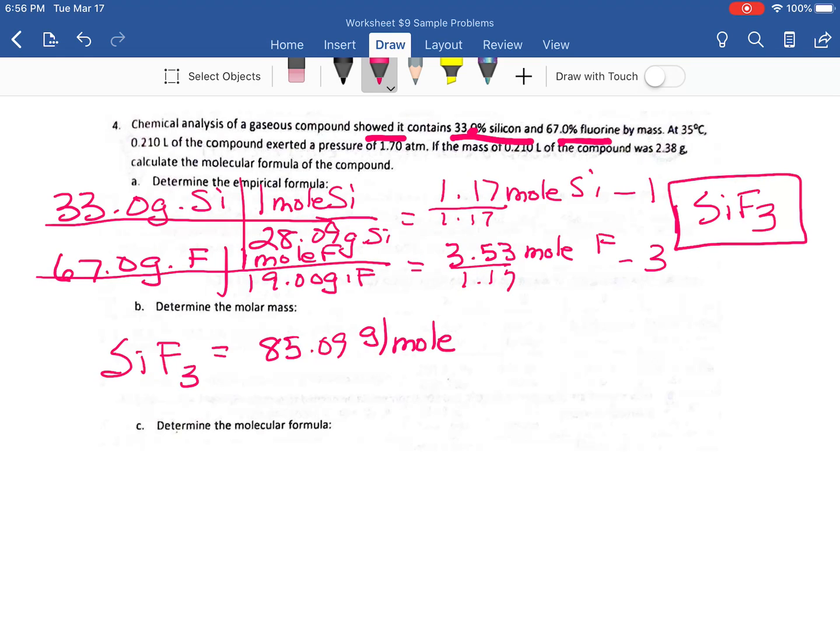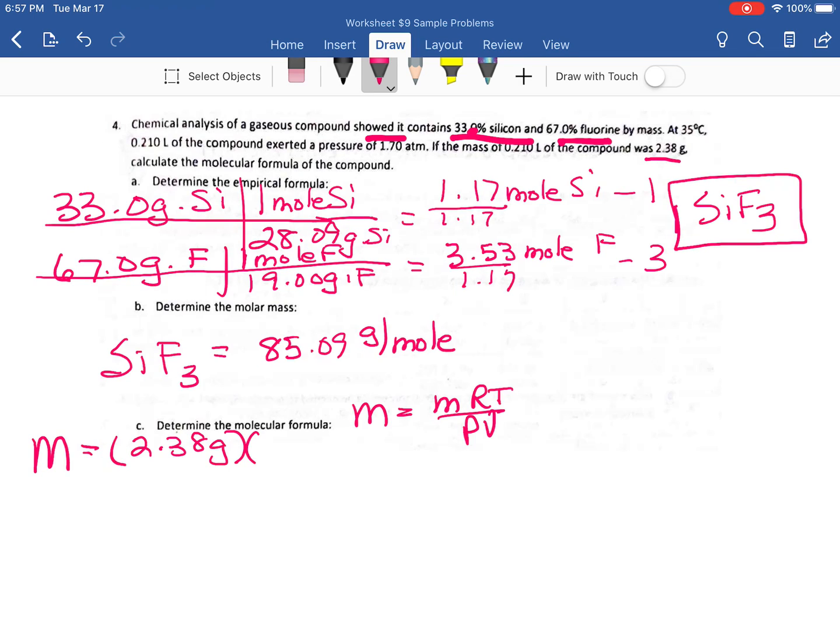This seems like a great place to use our molar mass formula. So big M, and a reminder, big M is equal to mass RT over PV. And so the mass in the problem is 2.38 grams.